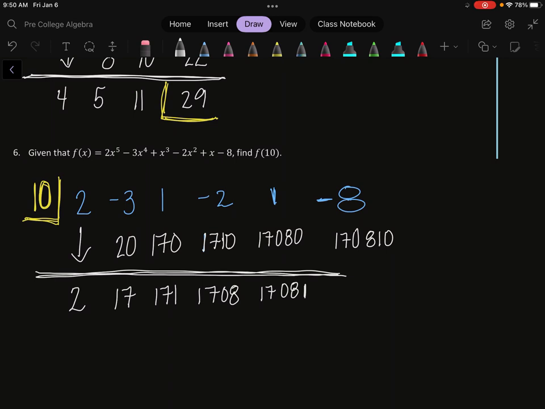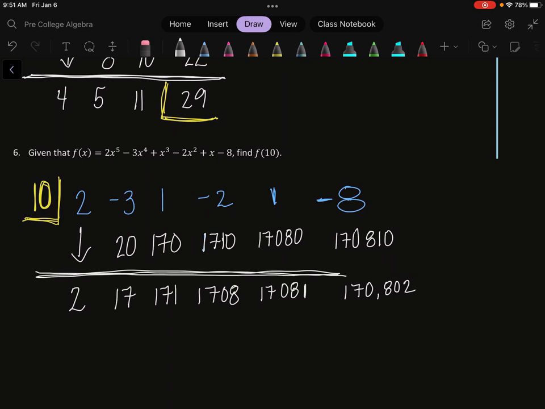And then if we add 8 to that, that's 170,802. I'm going to check it real fast and plug 10 in because I feel like that was too big. I thought my answer was just going to be in the thousands, but I'm going to check it real fast.